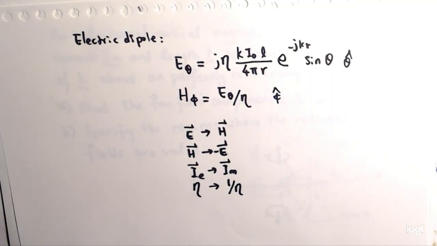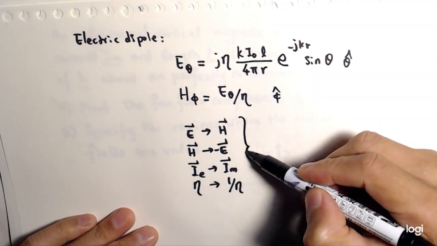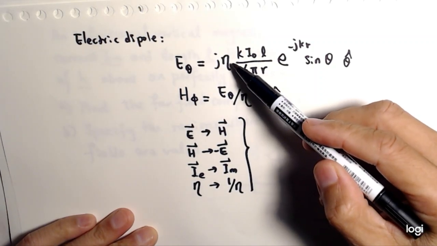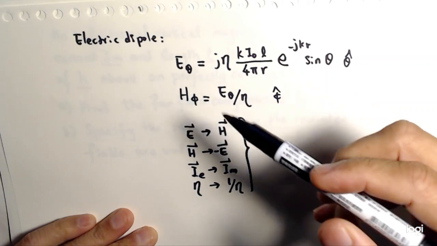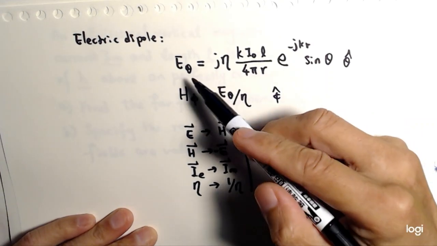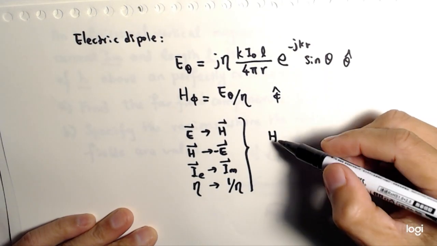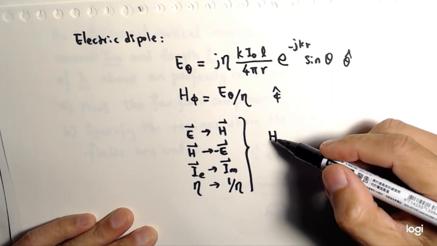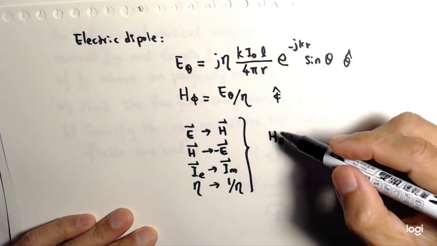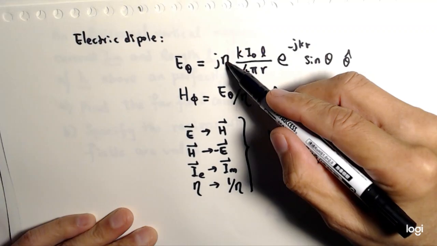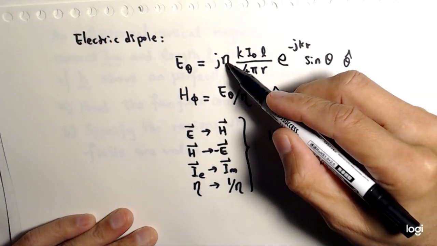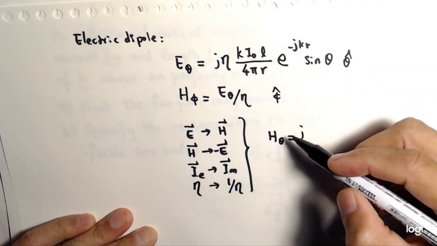Based on this information, we can immediately write down the magnetic dipole. So H theta will be, and this one, yeah, j, and the intrinsic impedance will become intrinsic admittance.